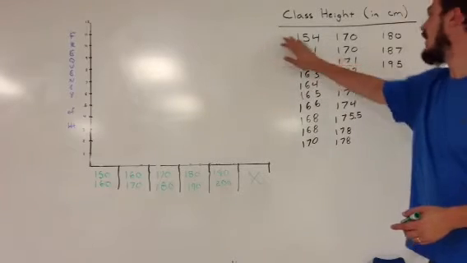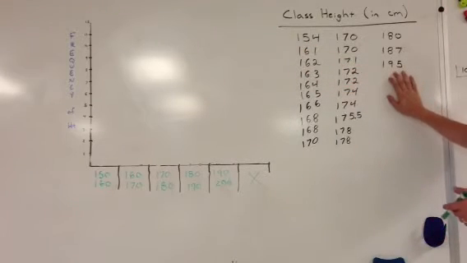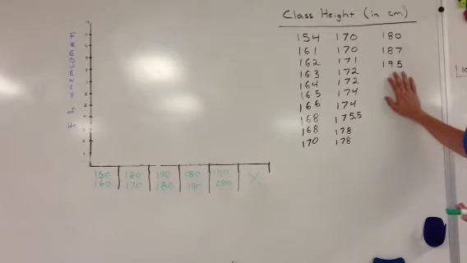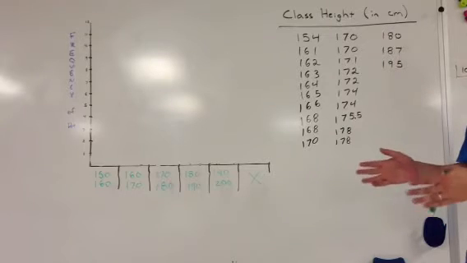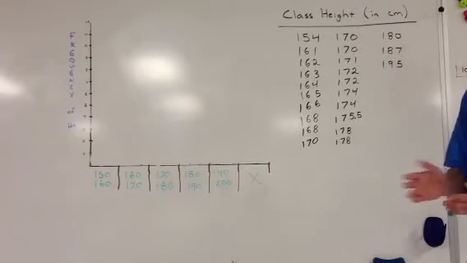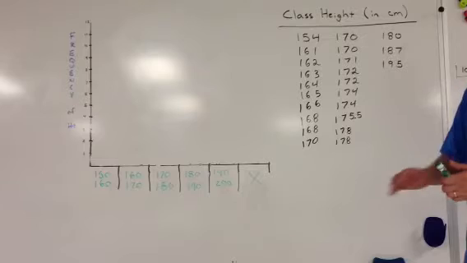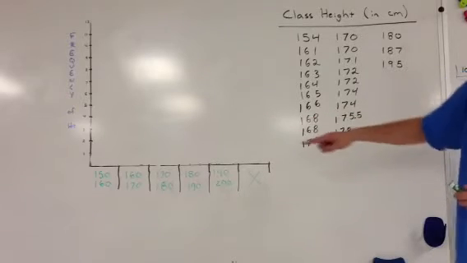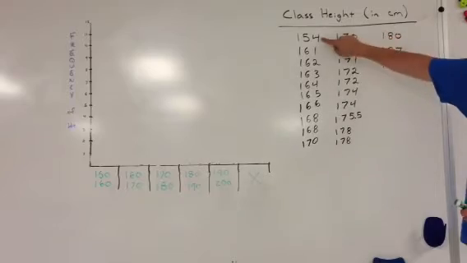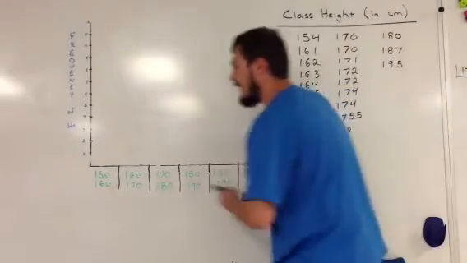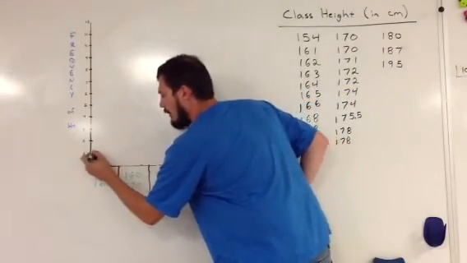In this, we have a range of 41 centimeters, whereas if we were looking at inches, we'd probably have a range of about 12 inches, maybe 14, but it's nowhere near the difference that we would get with 41 centimeters. So I'm going to say 150 to 160. How many people do I have that are in the 150 to 160? I have one.